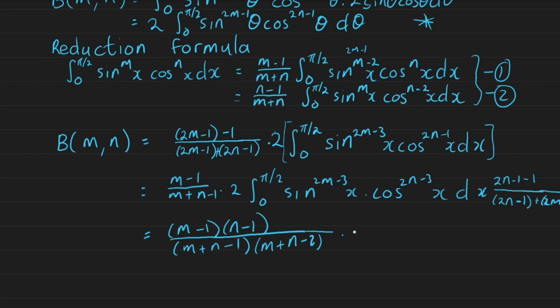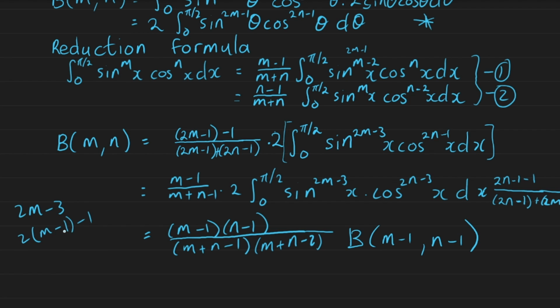And this is multiplied by 2 times the integral from 0 to, well, essentially this is just the beta function of m minus 1 and n minus 1. This is easy to see because of this 2m minus 3. So this 2m minus 3 is just 2 times m minus 1, minus 1.